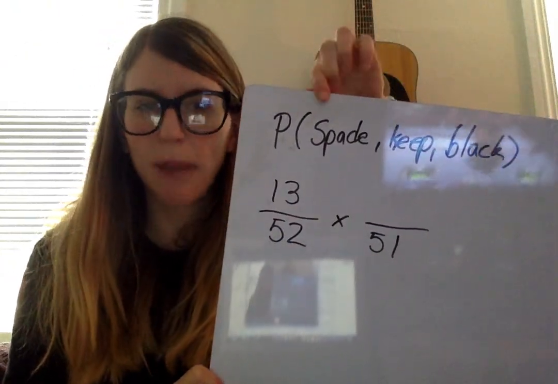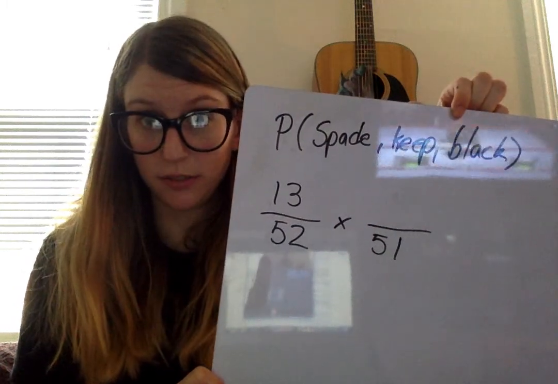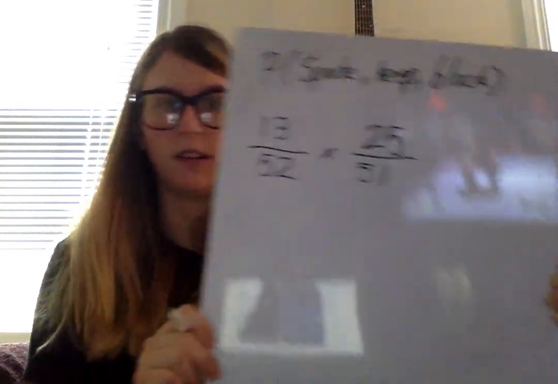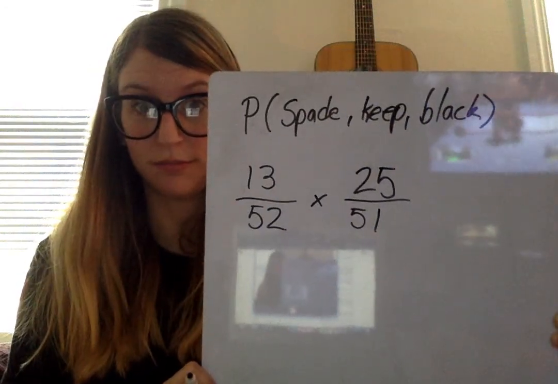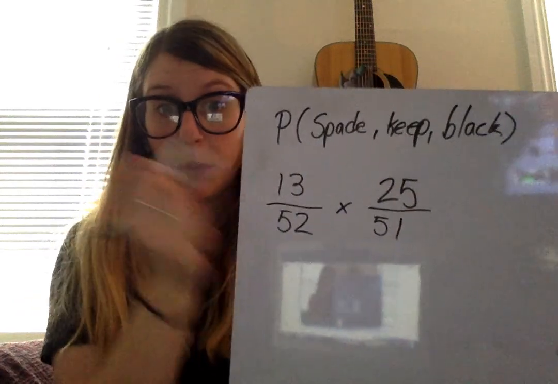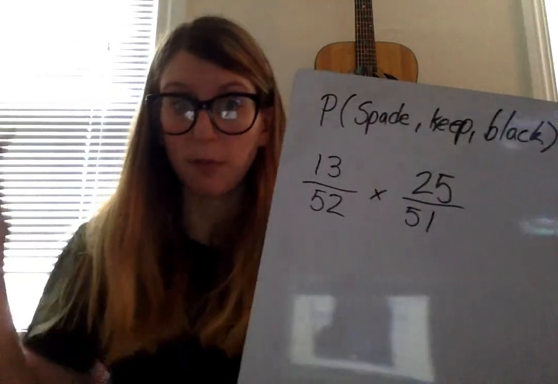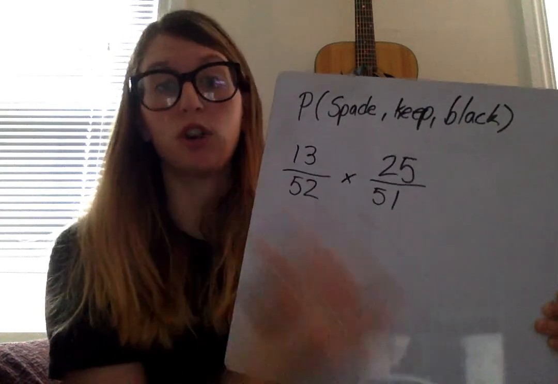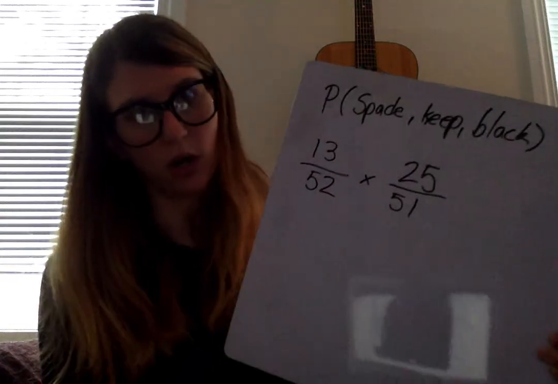But because a spade is a black card, there are no longer 26 black cards. There's 25. Because spade is a black card, I'm removing a black card from the deck. Now there's 25, not 26, and now there's 51 total cards, and not 52.